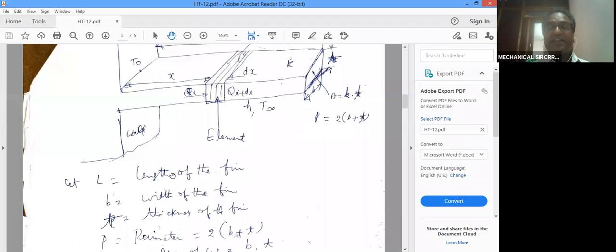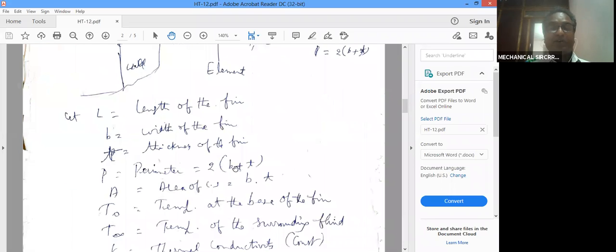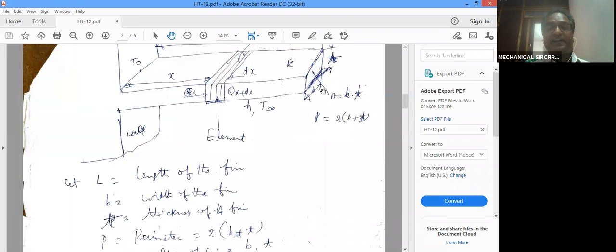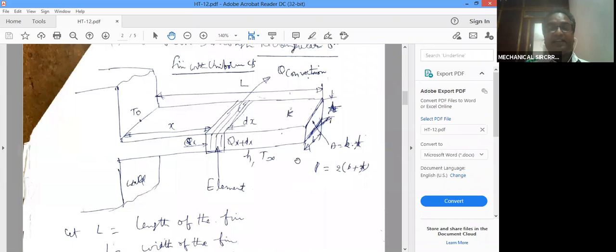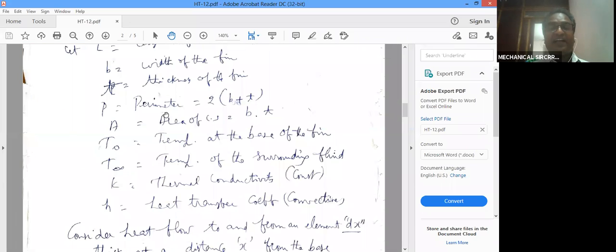How do you calculate the perimeter? 2 times width plus 2 times thickness. If you add all four dimensions, b plus T, again b plus T, you get the perimeter. Next, capital A, the area of the cross section, is b into T.